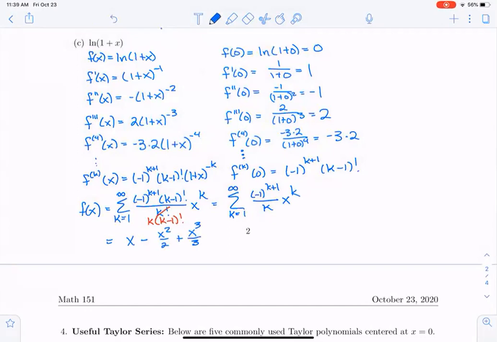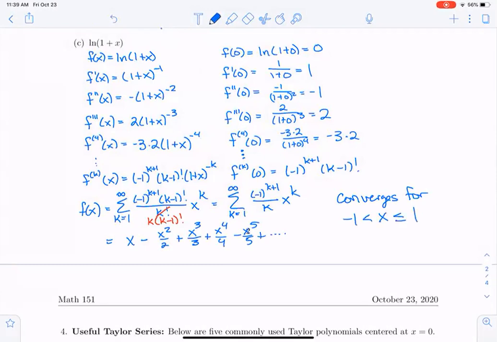Okay, so adding a few more terms, we get plus x to the 4th over 4 minus x to the 5th over 5, etc. So that's what the series looks like. Now, if you use the ratio test, and you've actually done this one before as well, this converges not for all x, but only for x between -1 and 1, including 1.